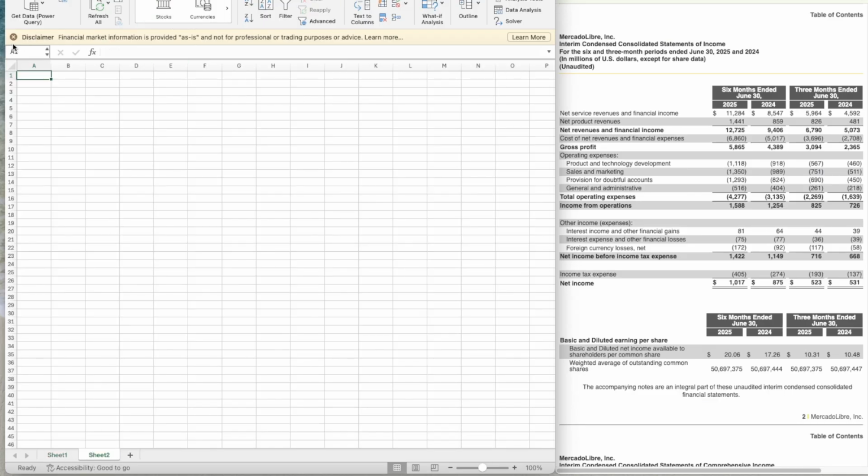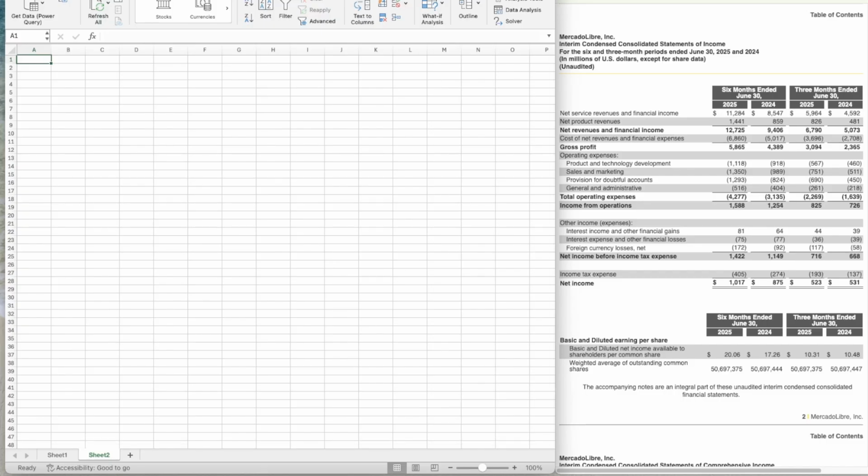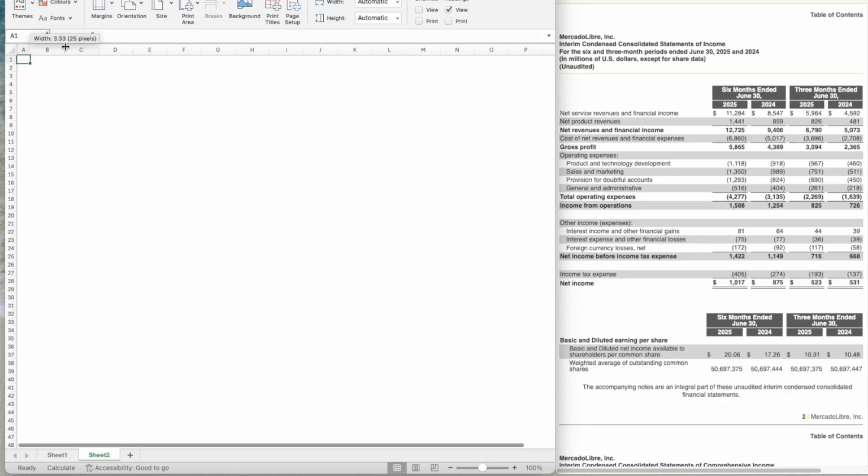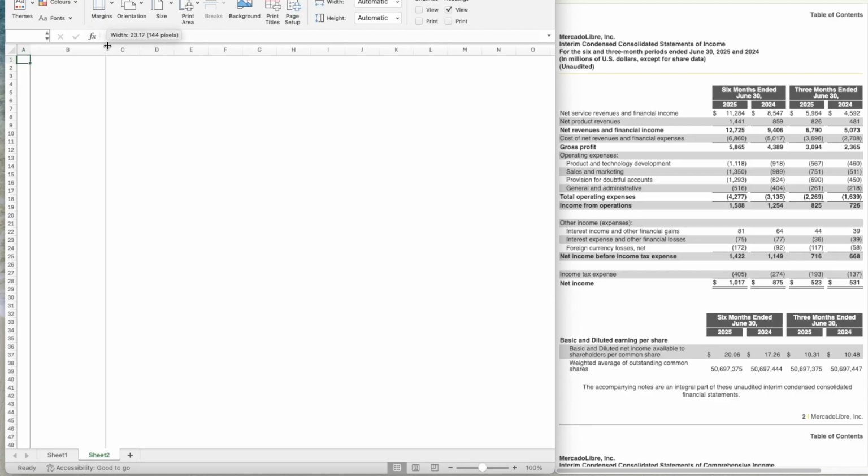Open up a new sheet. As always, we go page layout, we take off the grid lines, and then we make this column smaller, make this one larger.